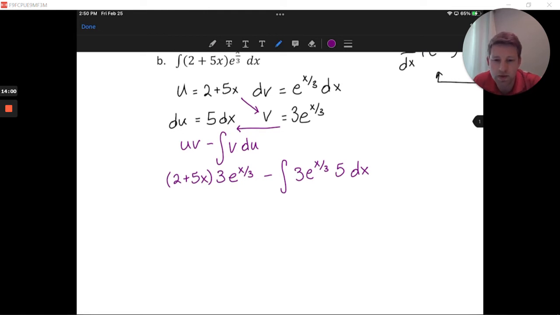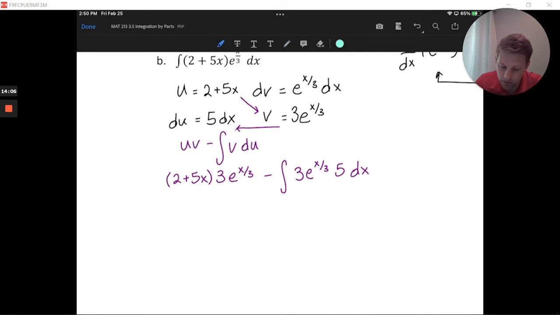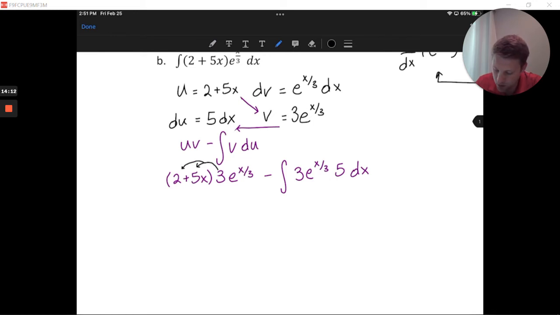Okay, let's go ahead and simplify this just a little bit. For cleaning this up, I'm going to take this 3 and distribute it. So we have 6 plus 15x times the exponential.